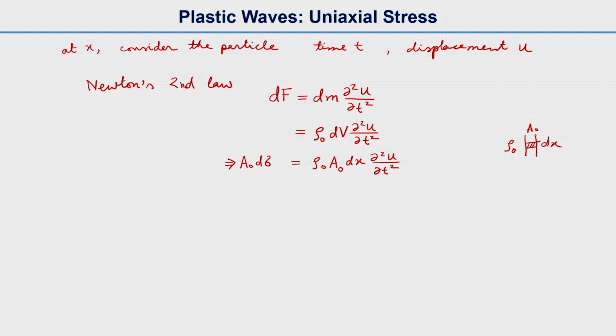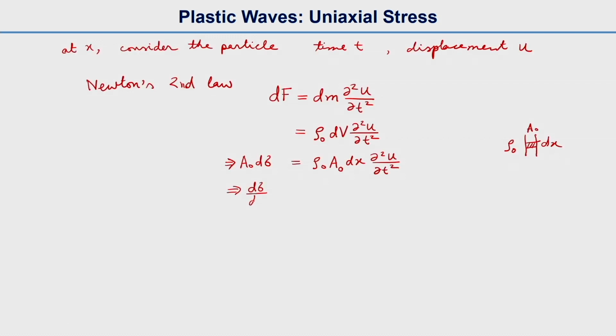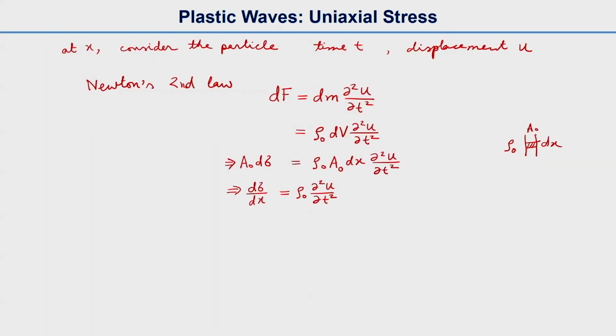So that will give us d sigma by dx is equal to rho naught times this. So this is the relation we got.